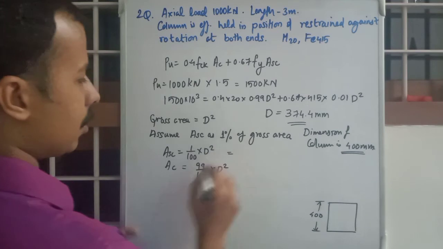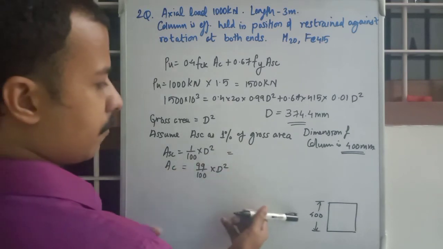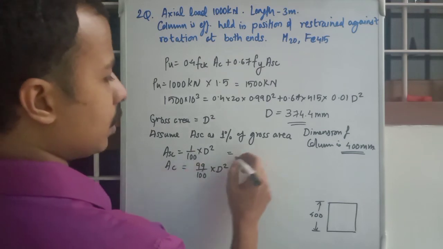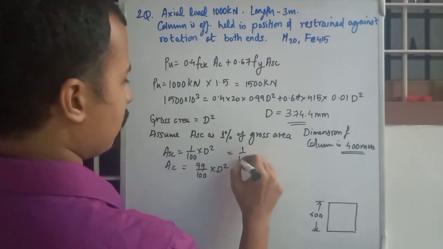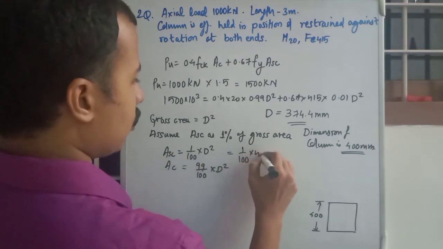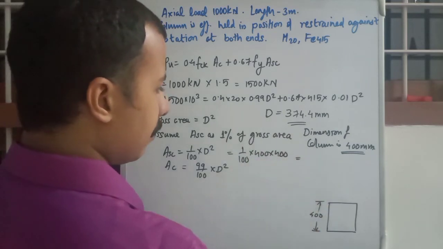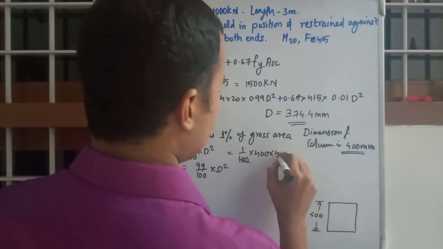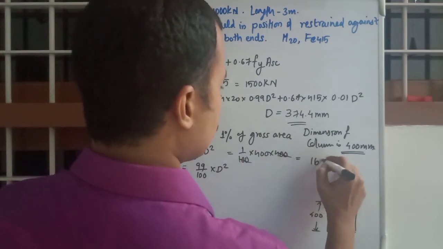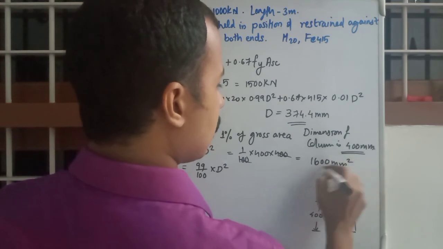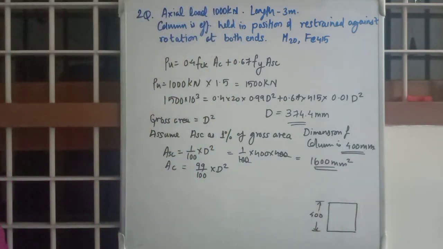And what will be ASC? ASC is equal to 1 by 100 into 400 into 400, that will be 1600 mm square. Now the next step is obvious.